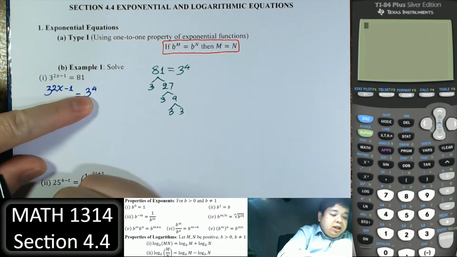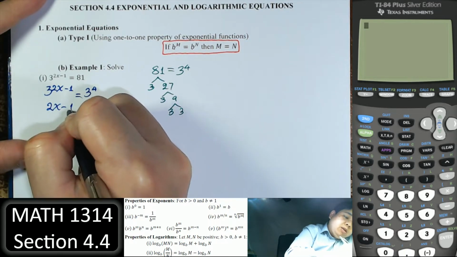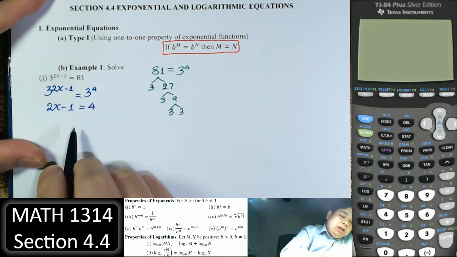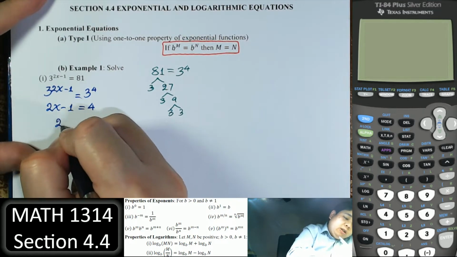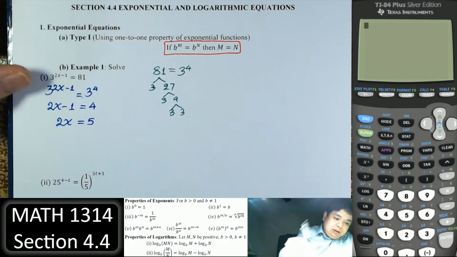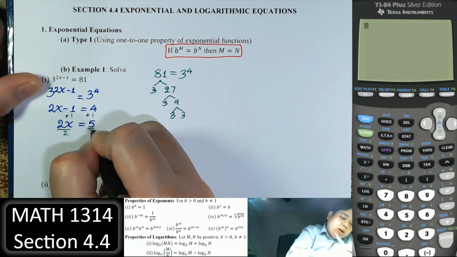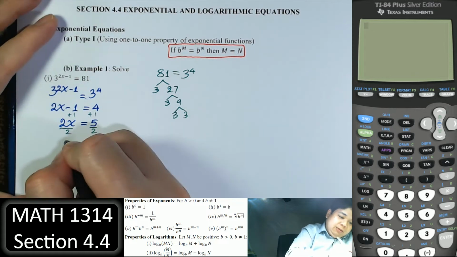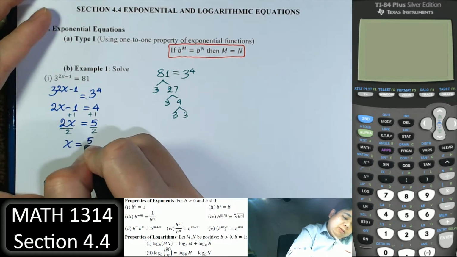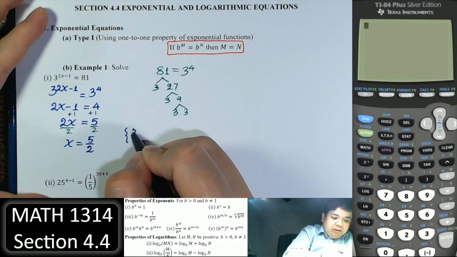Now the bases are equal, so the exponents must be equal. So plus 1 on both sides, and then divide by 2 on both sides. Right, so the solution set is 5/2.